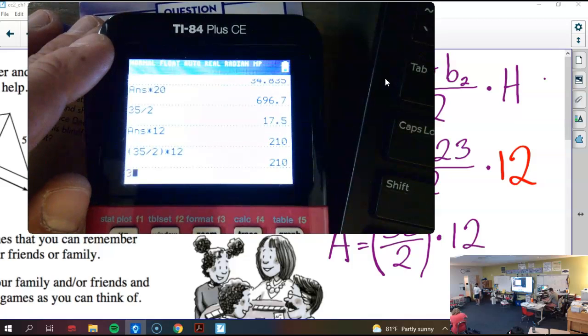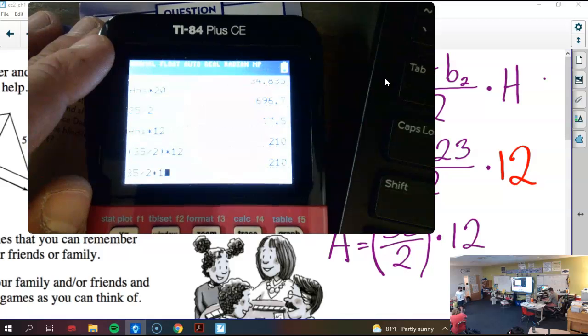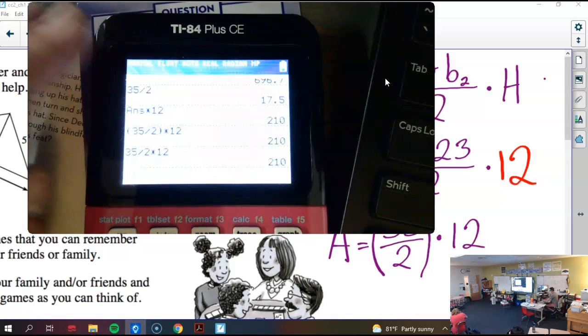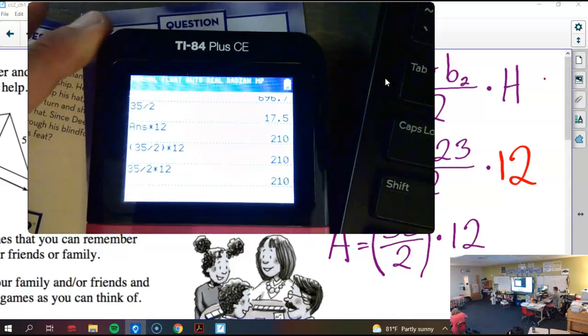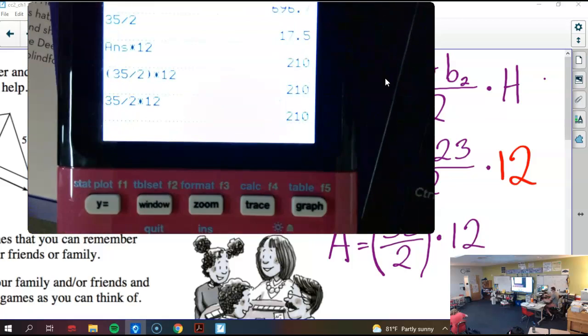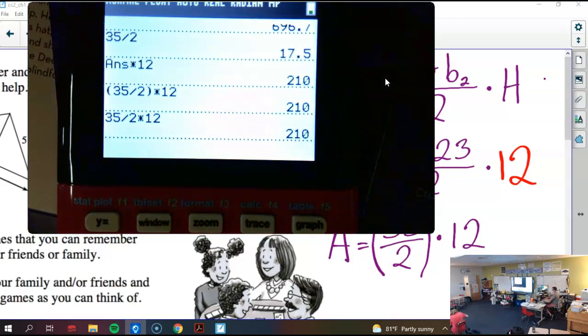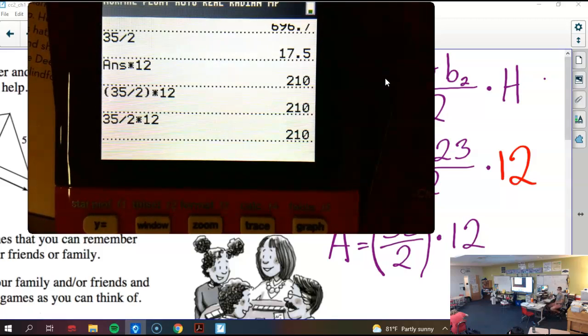We could even just write out 35 divided by 2 times 12 because multiplication and division are commutative, so they honestly happen, quote unquote, at the same time. We get the same answer no matter how we type that in the calculator. But if there's addition or subtraction involved, that's not true, so we've got to be careful how we type it.